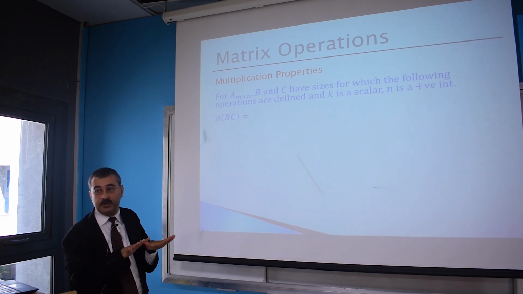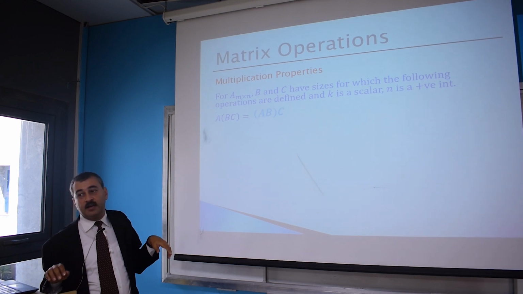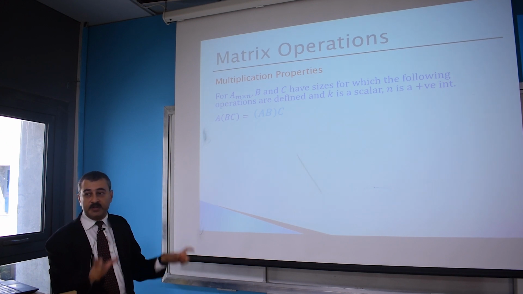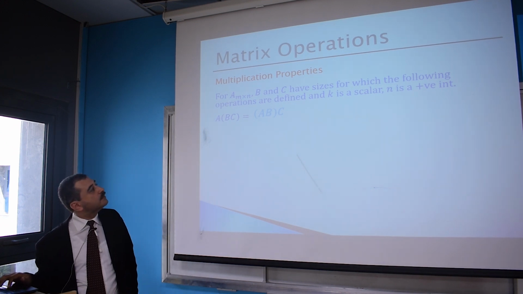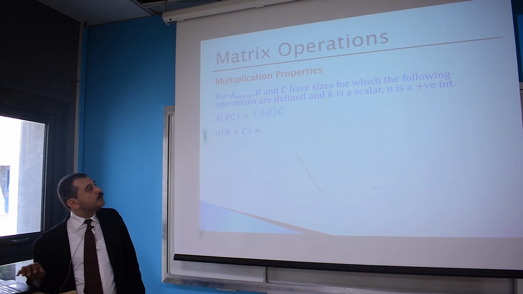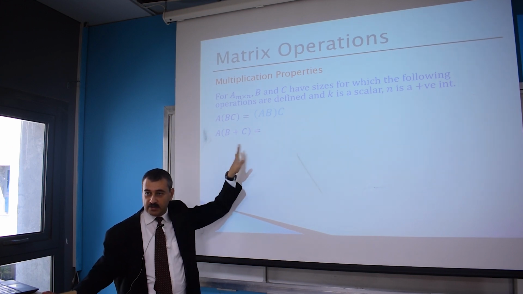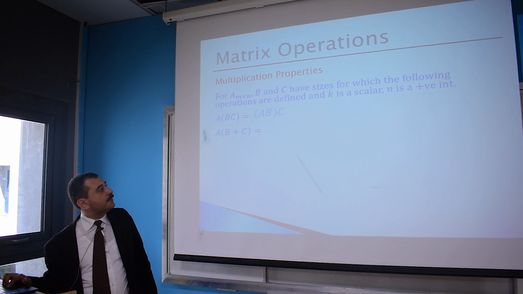Don't change the order. So I can do A, B first, and then the output by C. The most important thing is to preserve the order of the matrices. Don't change the order. And if you want to multiply A by the sum of two matrices, you can distribute, as we do with scalars, distribute A on the sum. So we'll get AB plus AC.